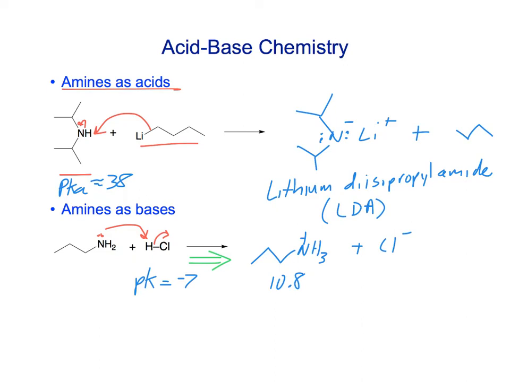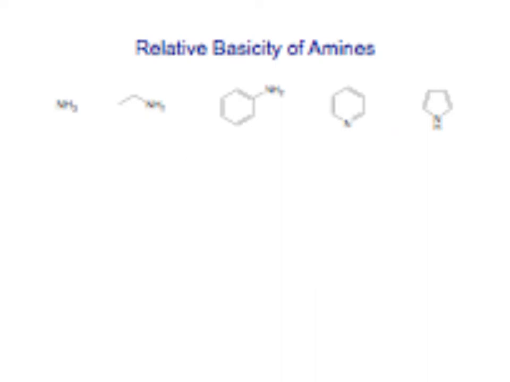But there's a lot of different types of amines, and so we should have some feeling for the relative acidities, or then the relative basicities, of the amines. Okay, so here's a bunch of different types of amines.